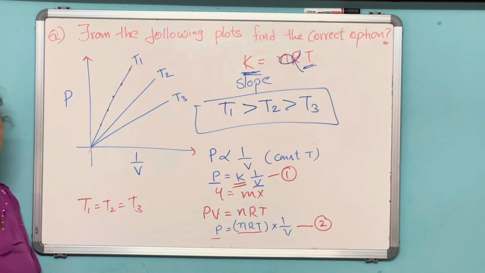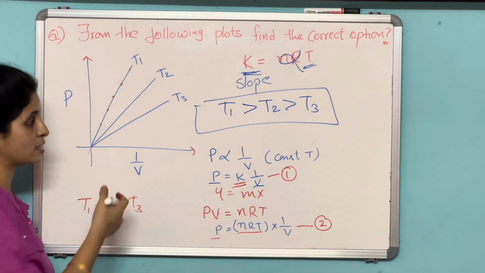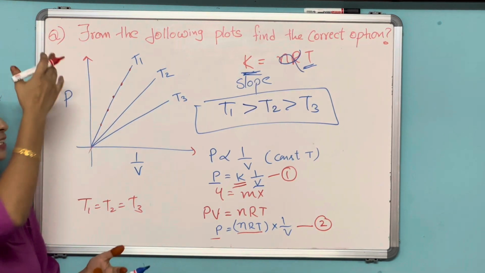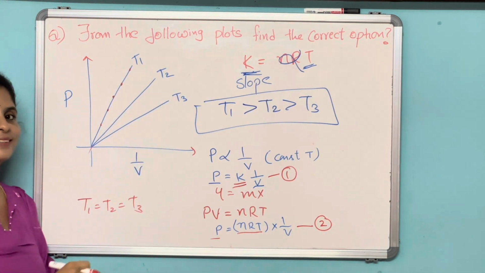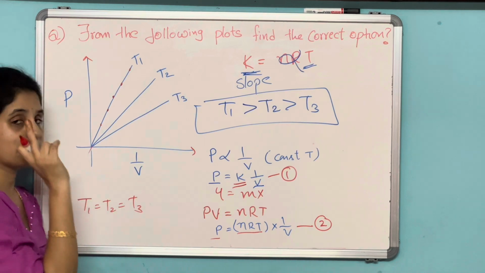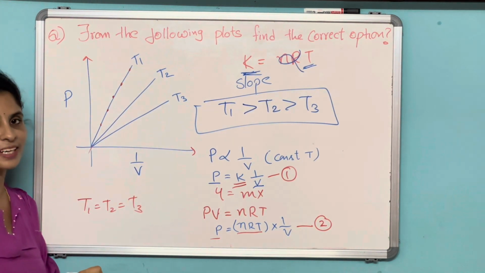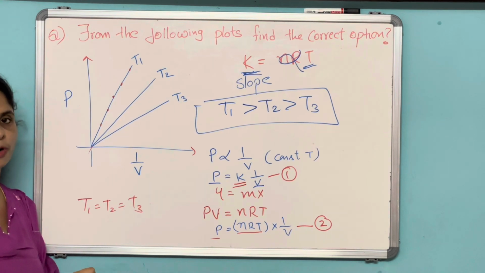No. Because you are saying, ma'am, it is Boyle's law, at a constant temperature, so all the temperatures are equal. No, those are three different plots, and the temperature is constant throughout a single plot, not T1 equal to T2. I think you got my point.